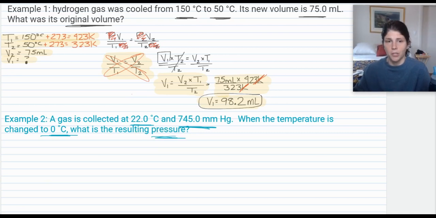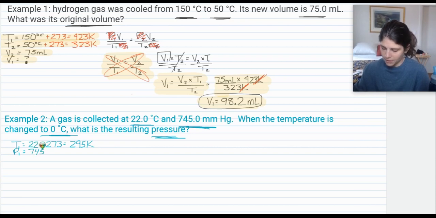So yeah, I definitely want you to have the variables written down. So what are the variables? Well, we said that the initial temperature is 22 degrees Celsius. That's T1. And then I'm just going to go ahead and add 273 to it right off the bat, which gives me 295 Kelvin. If you forget, you're not going to remember to go back and add the Kelvin onto it. Okay, the pressure that it's at is 745 millimeters of mercury.